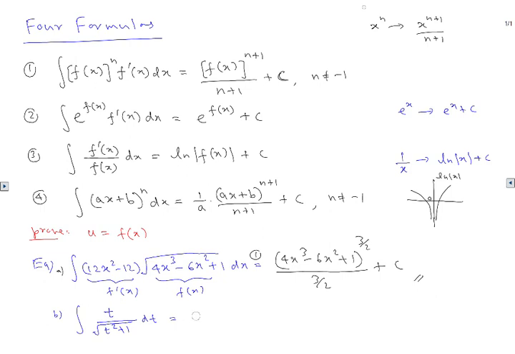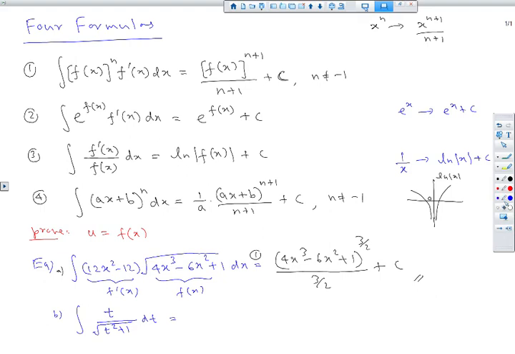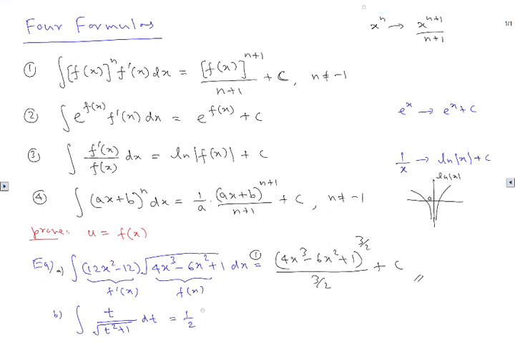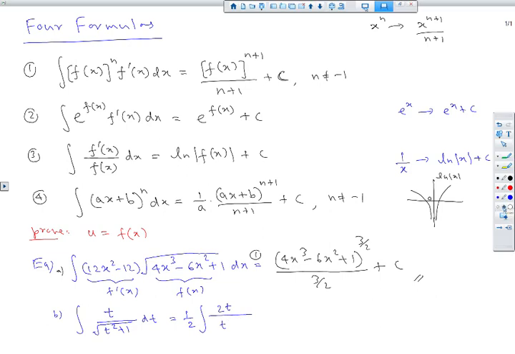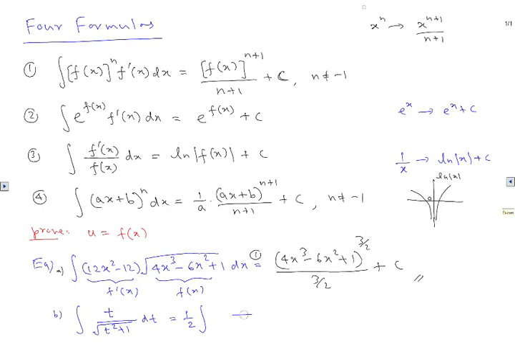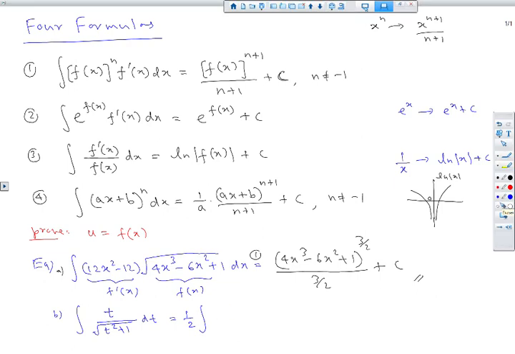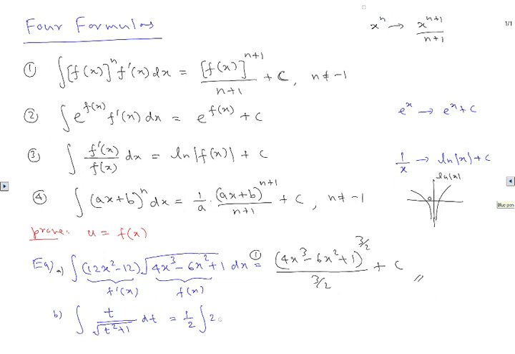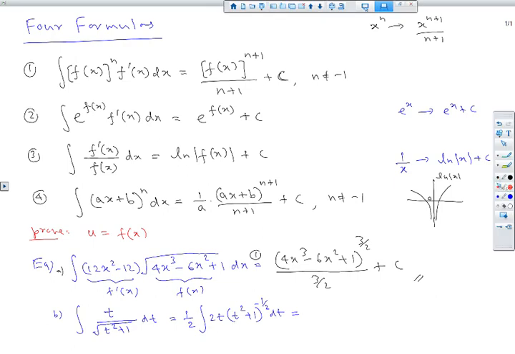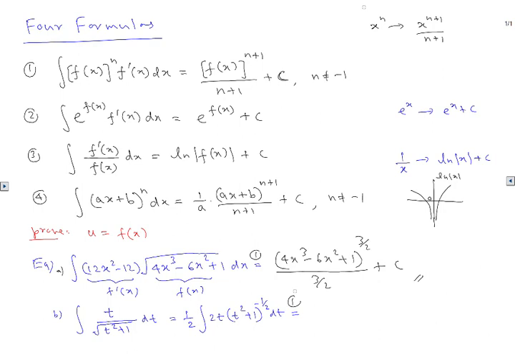What you can do is modify this as 1/2, and then we put 2t, and then t squared plus 1 to the power 1/2. Actually, it's easy if you write it like this. Now you can see that we can still use equation number 1 again, because you see the function here, and then you see the derivative.